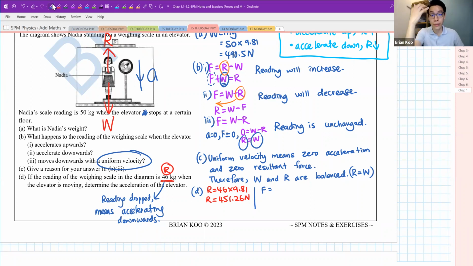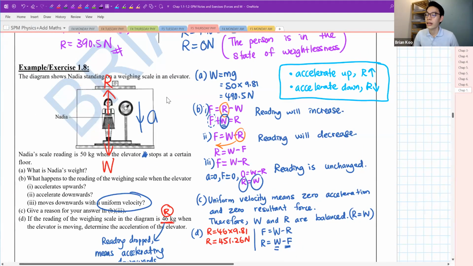W. Force pulling down is stronger, W minus R. And then the reading would be W minus F. Can you see or not? If it goes down, it will not only be the weight, but I need to minus some force. So going down, the reading will decrease, like what I wrote up here.